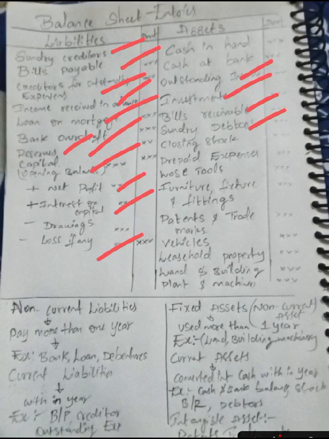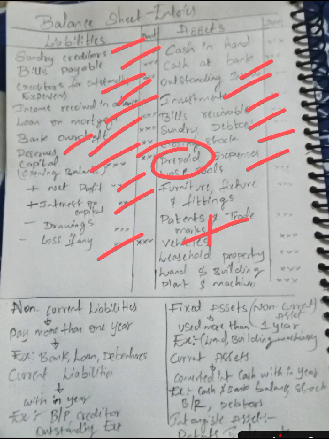Here outstanding income, investments, sundry debtors, closing stock, prepaid expenses. Usually, prepaid is what we have to pay in future, but we have paid it in the present itself. It's a type of benefit to our organization. There is no need of waiting until we have to pay.